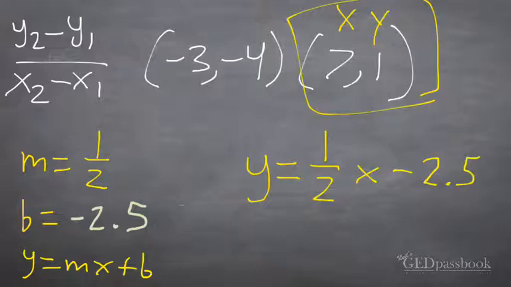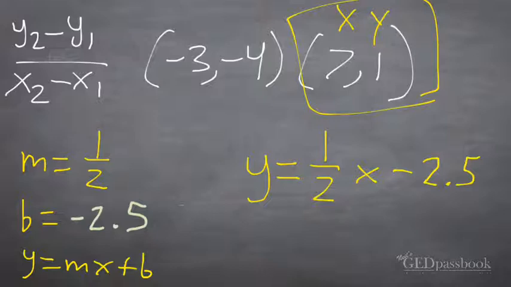Then you just have to convert your fraction via the calculator or by hand. Or 0.5x, yeah. Chances are your slope is always going to be in fraction form. But that's pretty much it. That's your final answer. That's the linear equation.